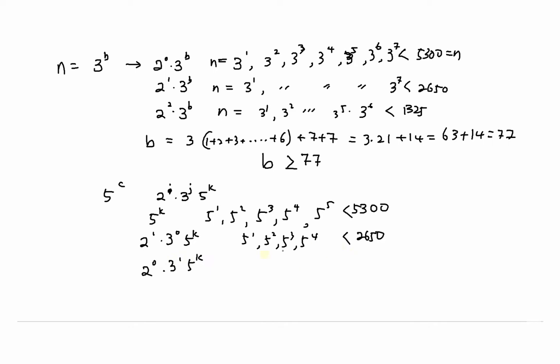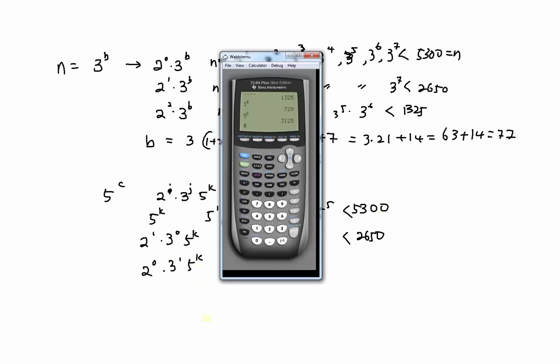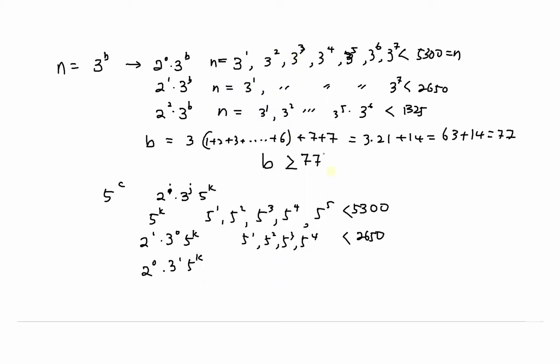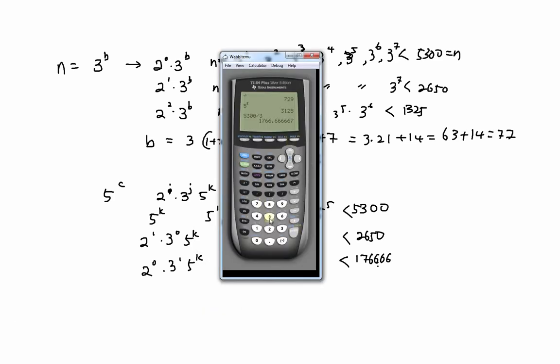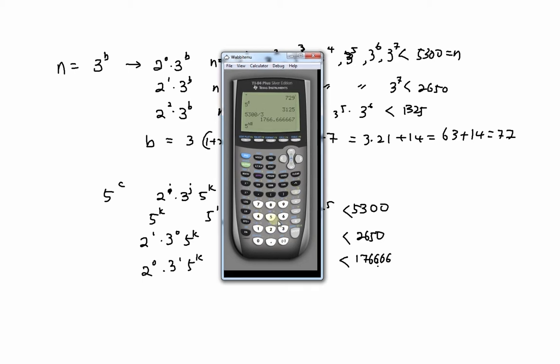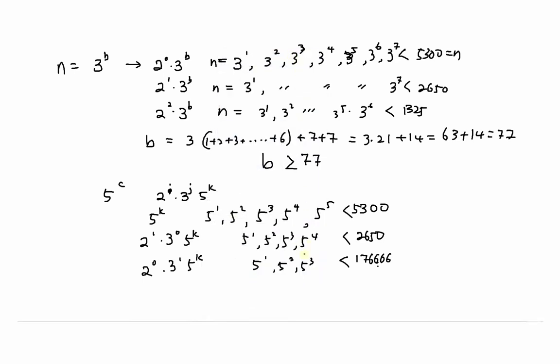Then I can divide it by 3 on both sides, so 5300 divided by 3, I get 1766.66 and on, and as long as the 5 to the power is less than that, then it's okay. So we'll have 5 to the 1st, 5 to the 2nd, 5 to the 3rd, and I remember 5 to the 4th was 625. Yeah, should be it. 5 to the 4th is 625, and we have to stop there as well.